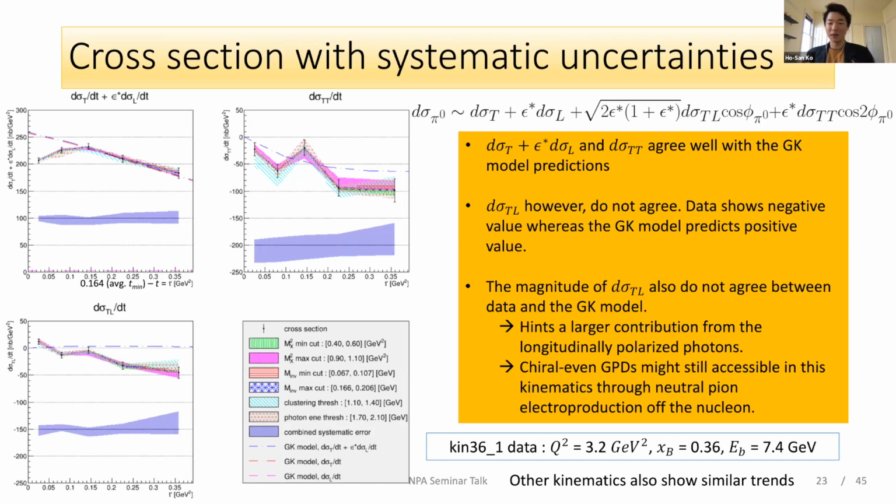So positive or negative doesn't really mean that much, because the sum of this cross section is actually related to the number of particles that we detect. So these are just the interference. So I cannot say any meaning of this negative cross section. It's just a negative interference term.